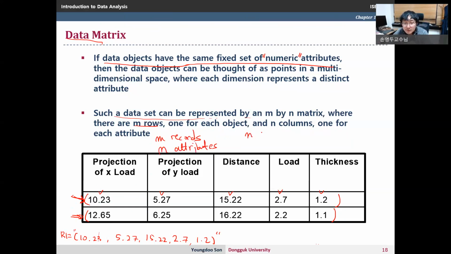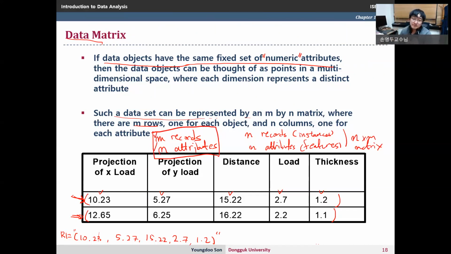They usually use n for data points or instances and m for attributes, and they have an n by m matrix. However, in this textbook, they denote records as m and attributes as n. However, the system with n records and m attributes is more common.